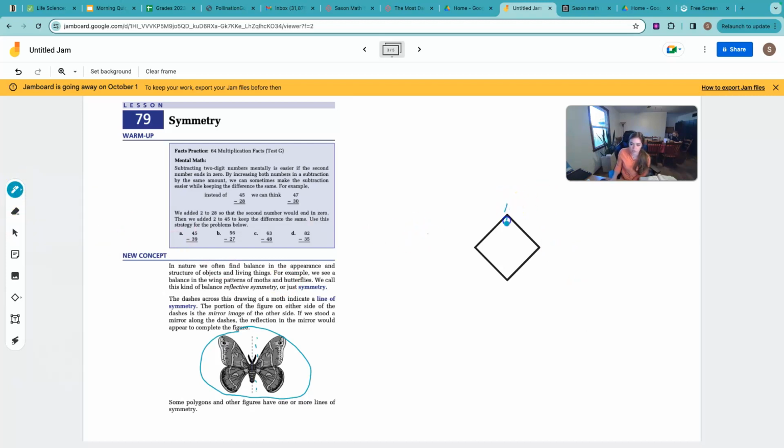If we draw a dotted line down the center here, it's not a very straight line, but you know what I mean, that would be one line of symmetry. We have two lines of symmetry because we could fold it down that way. We could fold it diagonally in half like this, so that's 3 lines of symmetry. We could fold it diagonally in half this way, that's 4 lines of symmetry. So this would have 4 lines of symmetry.